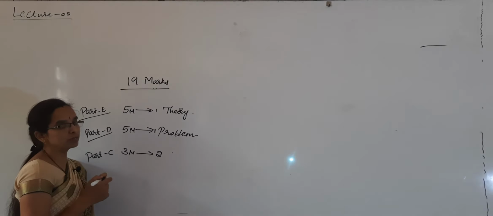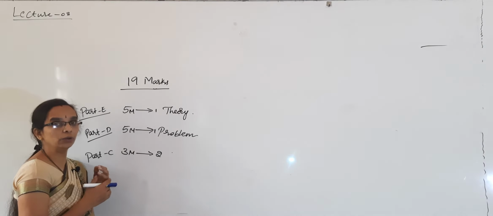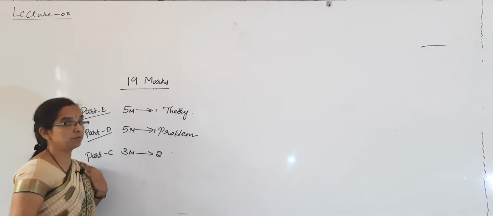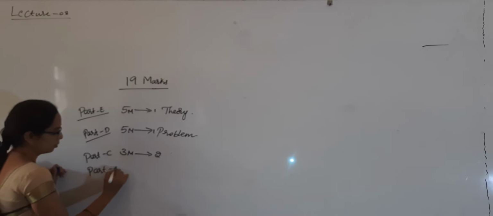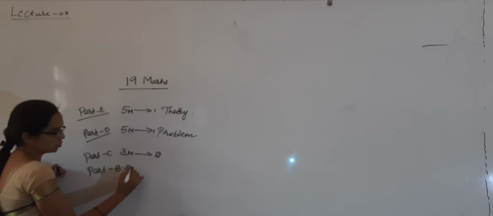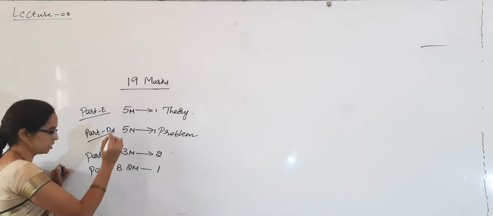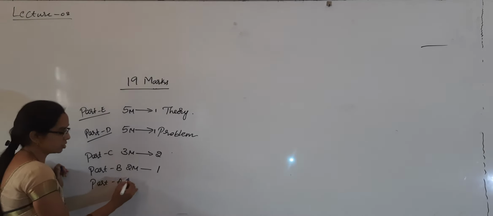Problems will be on Ohm's law, Kirchhoff's laws, branch current divider rule, voltage divider rule, something like that, or on AC principles. In part B, 2 marks questions will be there, 1 question from this chapter, and in part A, compulsory 10 questions of 1 mark, there also you will get 1.